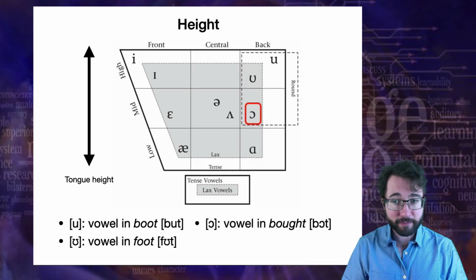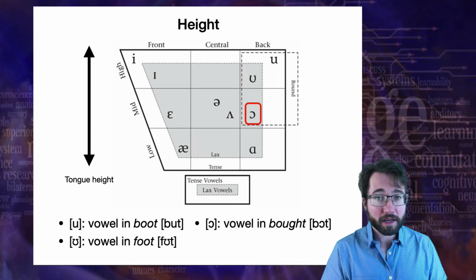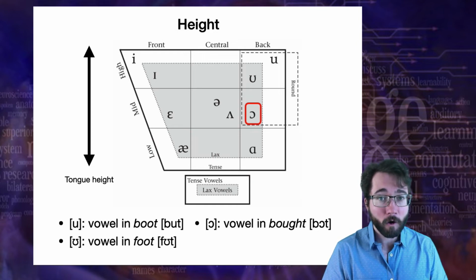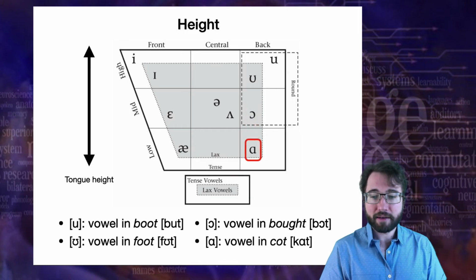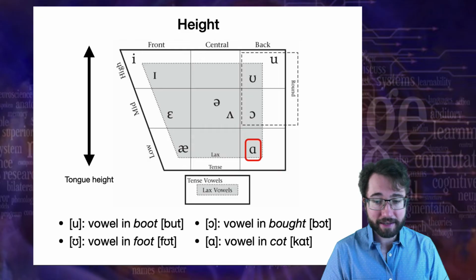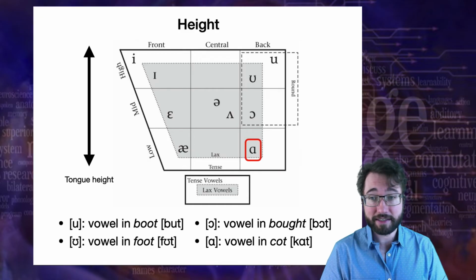Then going down, we have the vowel aw, as in bought. Bought, I bought a book. When you say aw, you have the lip rounding. And then below that, we have the vowel ah, as in cot, like I slept on a cot. This is not rounded. So this is a low back, lax, unrounded vowel, cot.